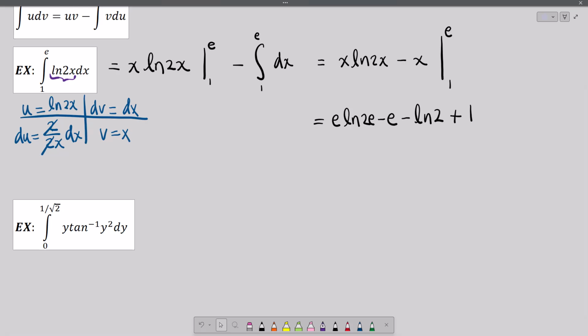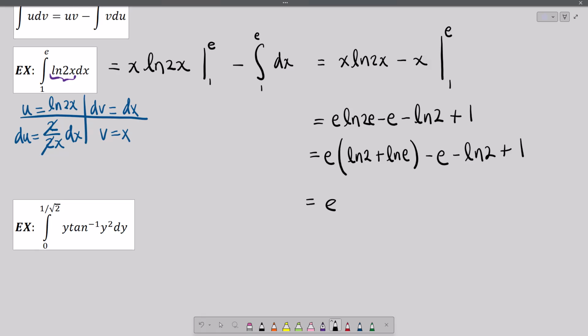If you're over-ambitious, some of you are. Not all of you, I know, but some of you. You could rewrite this as natural log of 2 plus natural log of e. So using a log property, you could do that. And then what is natural log of e? 1.